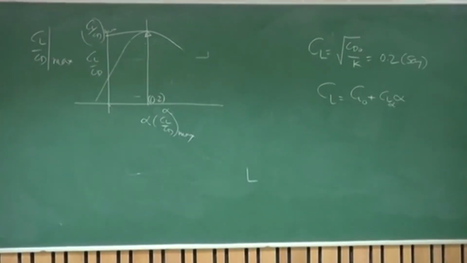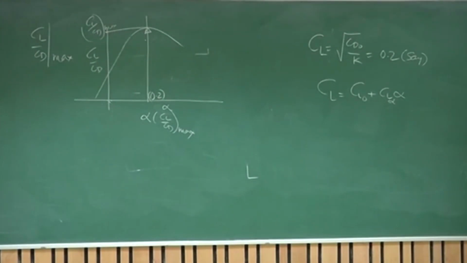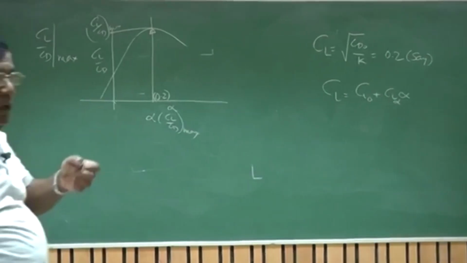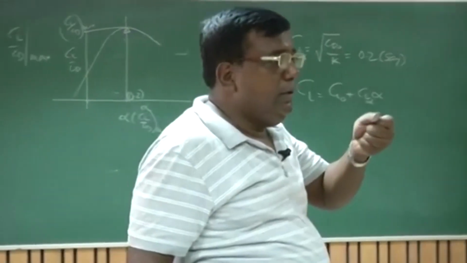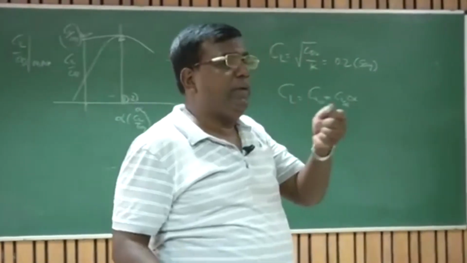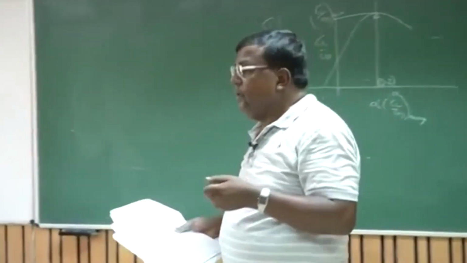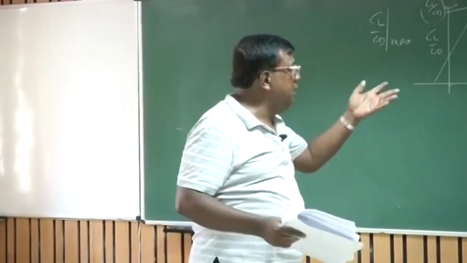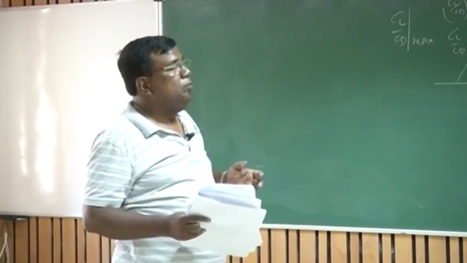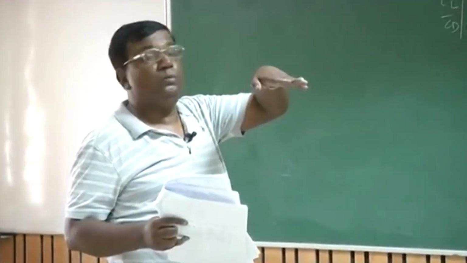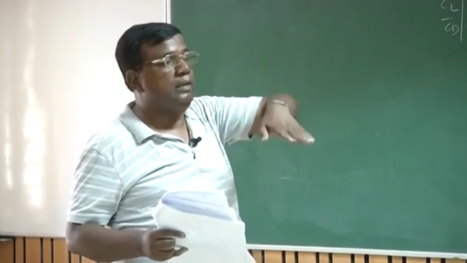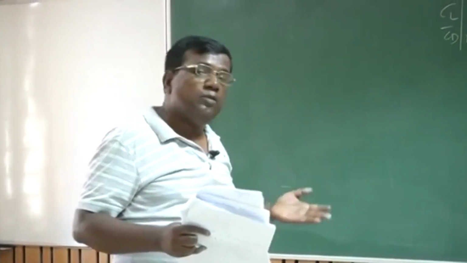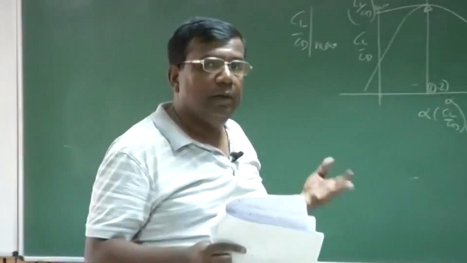Here is the airspeed indicator; he doesn't have any angle of attack indicator. So he doesn't fly with an angle of attack. He will go to the altitude. He knows that at this altitude, if I fly around this speed, which was computed by the CD naught by K condition, he will maintain that and trim the airplane in such a way that there is no change in the altitude. So actually he will be flying at thrust required minimum, right?